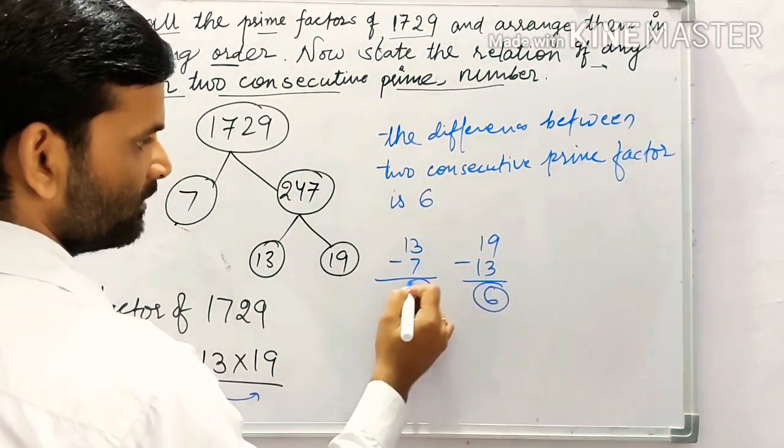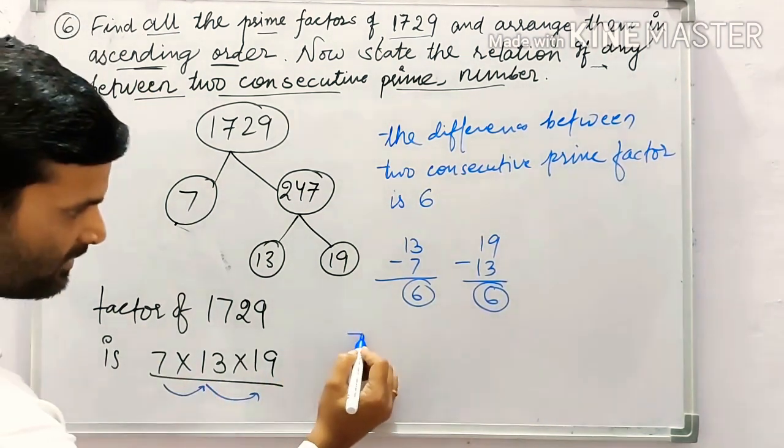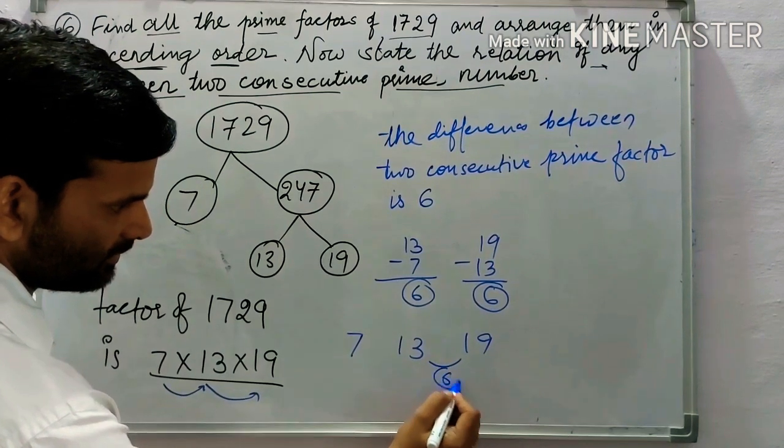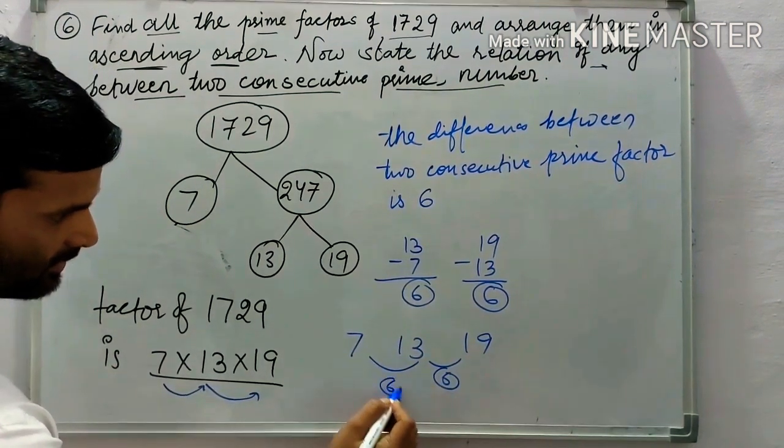So 6 will be the difference between consecutive factors, that is 7, 13 and 19.